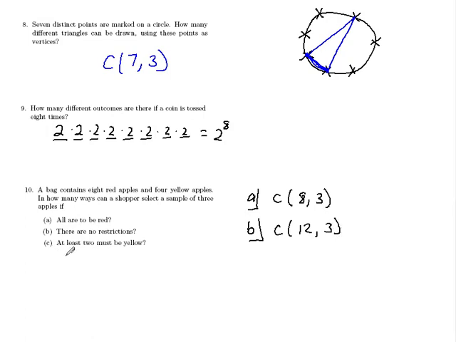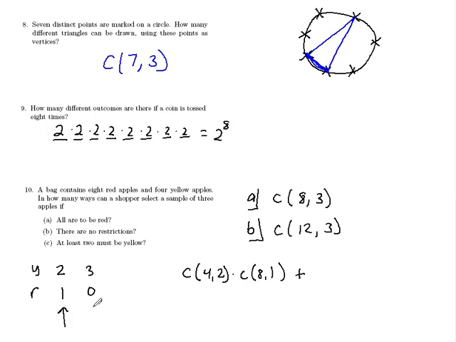Now part C says at least 2 must be yellow. At least 2 are yellow, so that means 2 or 3 are yellow. It means I need either 1 or 0 red. So it's the same chart like we did earlier. So combination 4 choose 2 times a combination 8 choose 1. That counts that first outcome.